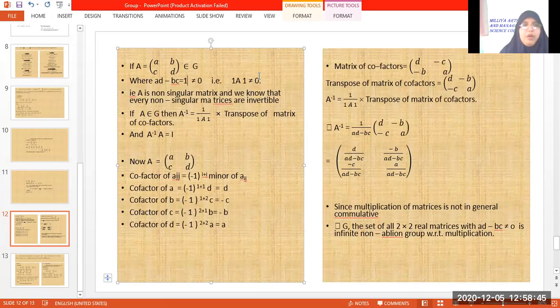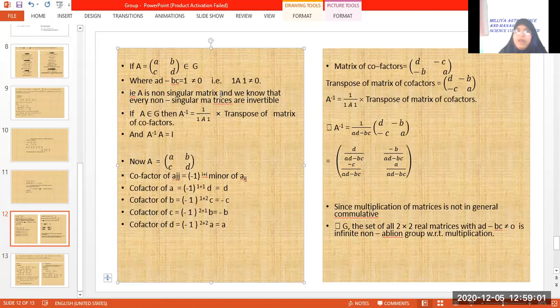That is, determinant of A is not equal to 0, and similar to the first example, A is non-singular matrix, and we know that every non-singular matrix is invertible, same as the first example.